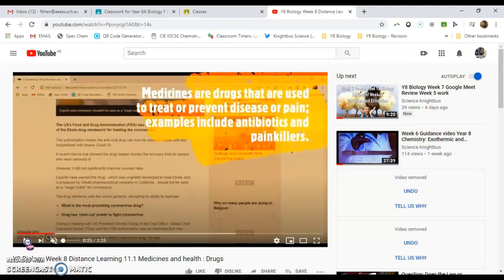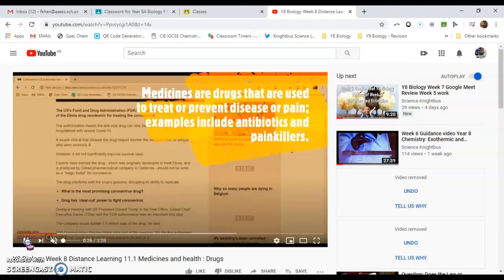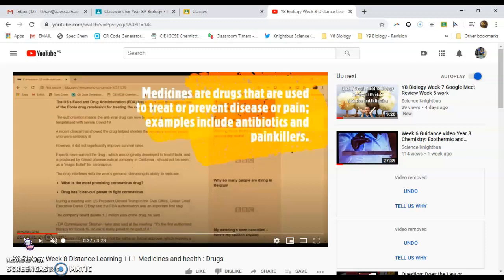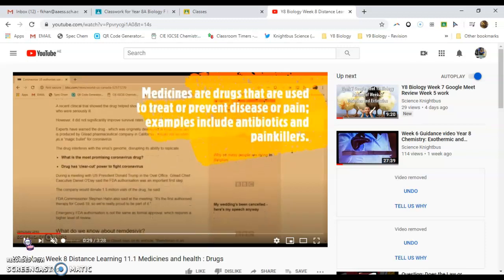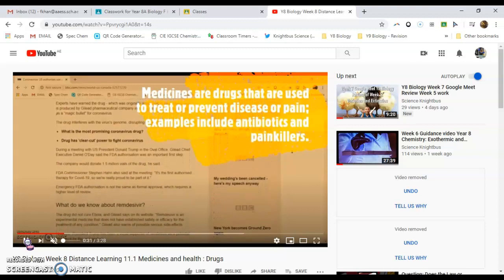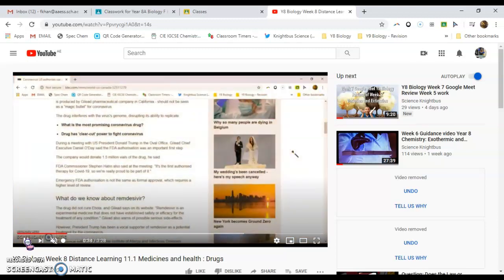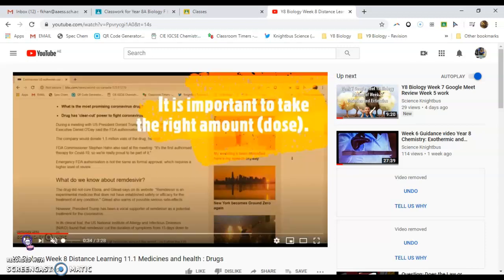So what I'd like you to do is, as well as look at the information that I've placed in the orange swishes, pause the video at certain points so that you can read through the information that I have placed from the BBC News website on the stories about one drug in particular that's grabbing the headline, and that's remdesivir.